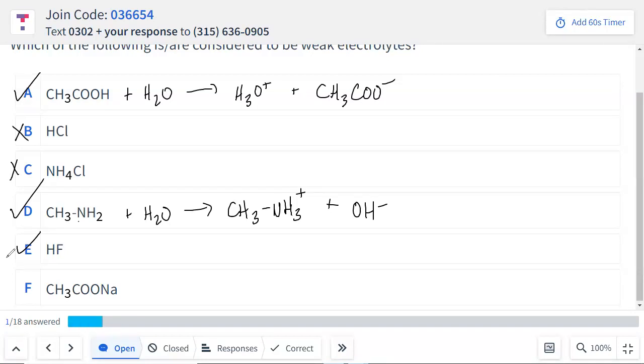Sodium acetate does dissolve in water. Any ionic compound that dissolves in water is a strong electrolyte. So that will not go either. So 3 of these were weak electrolytes. The other 3 were strong electrolytes. There were no non-electrolytes on this particular slide.